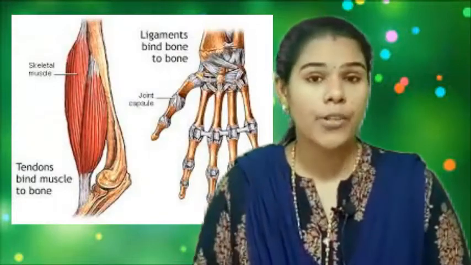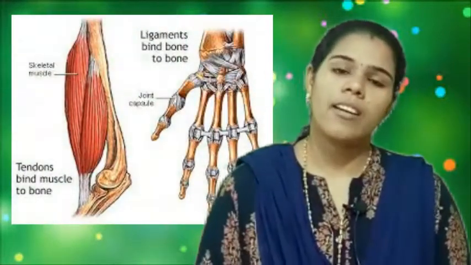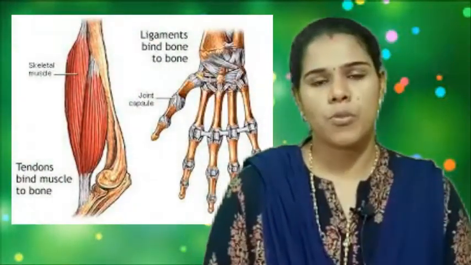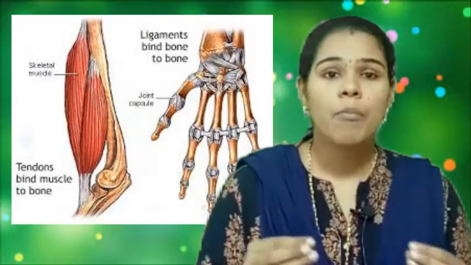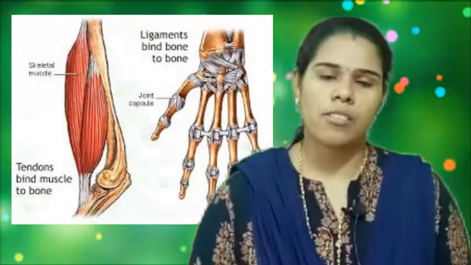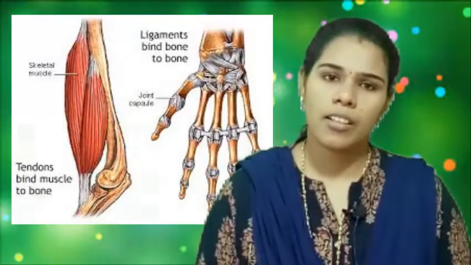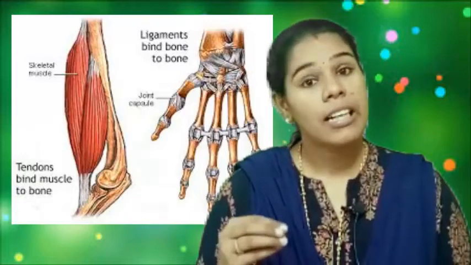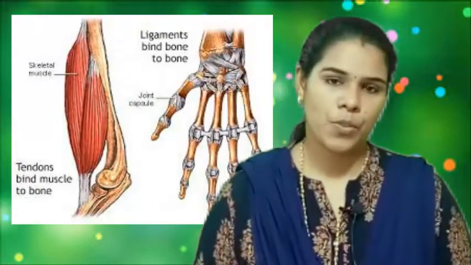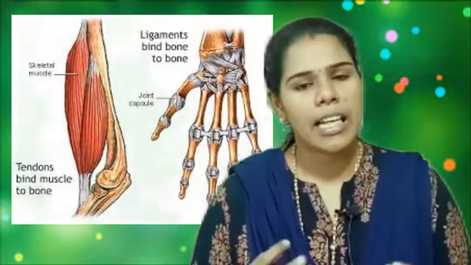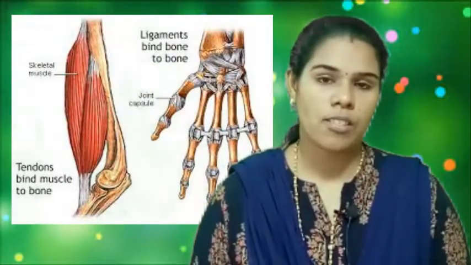But in the case of tendons, what? They connect muscle to bones. So muscle and bone are connected with the help of tendons. The elasticity is very little, with great strength but limited flexibility. So these are the differences between ligaments and tendons. It is very important.